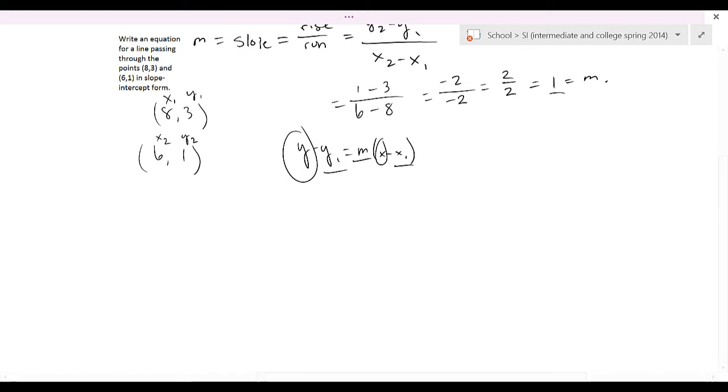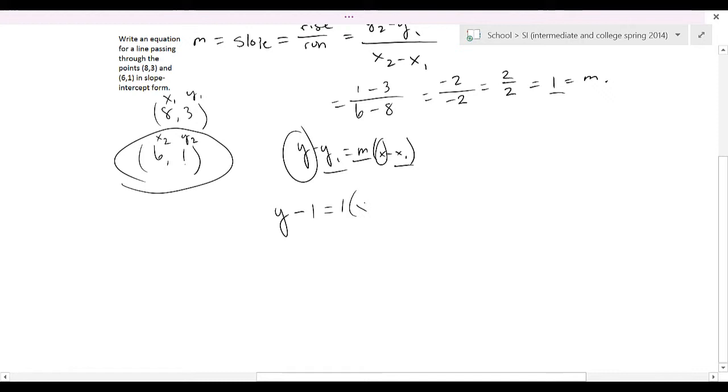Okay, so I'm going to go ahead and choose, oh, I don't know, let's choose this point. So I've got y, remember I just write it down, minus, what is y1? Well, y1 is going to be 1, so minus 1 equals m, well, my m is 1, so 1 times x minus, what is my x1? x1 is 6.